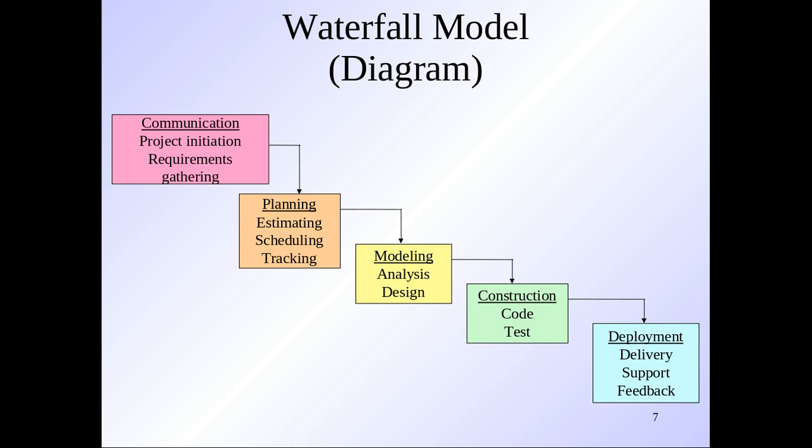The last phase is delivery, or deployment, which has software delivery, support, and feedback from the customer. If the customer suggests some correction or demands additional capabilities, then changes are required for such correction or enhancement. That is part of the waterfall model.